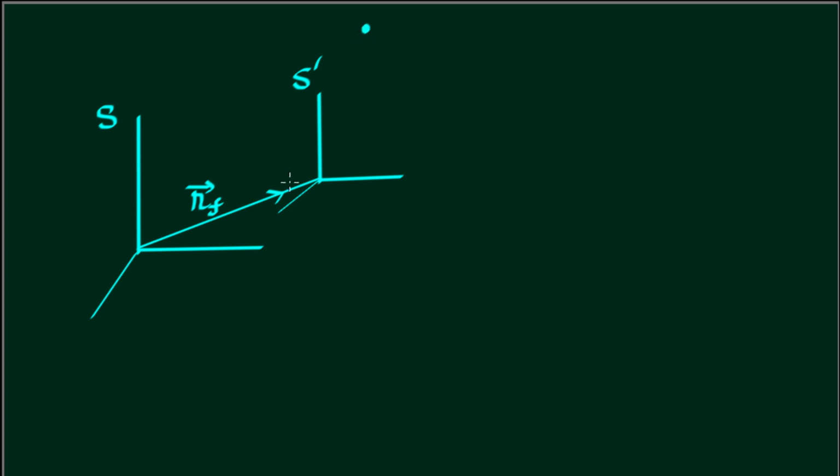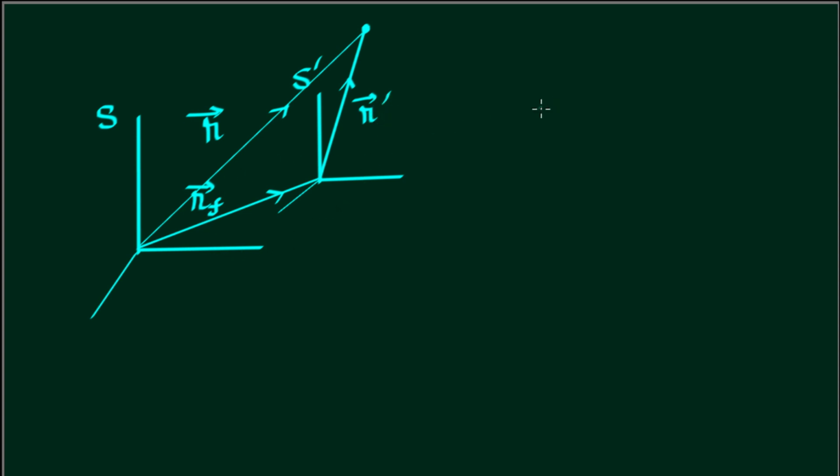The person in the inertial frame will claim that the bird's position vector is this, which we will call R. The person in the accelerating frame will see the bird's position vector as this vector, and she will call it R prime. Everything observed in the accelerating frame we will write with a prime.